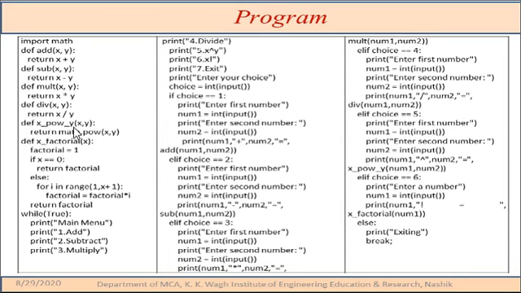For calculating the power, I use the power function, and for calculating the factorial, I define the factorial function. The power function is very easy, as I have already shown in the demonstration: we readily get it in the math module using the math.pow function.